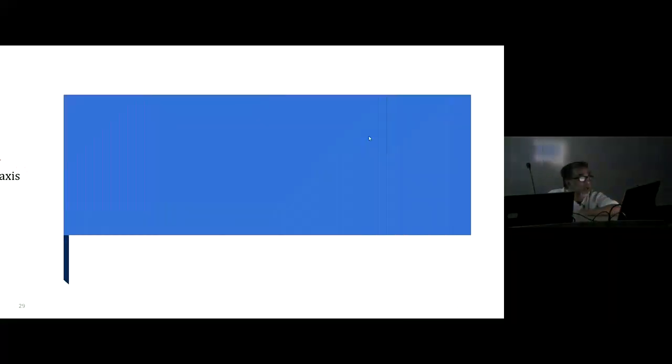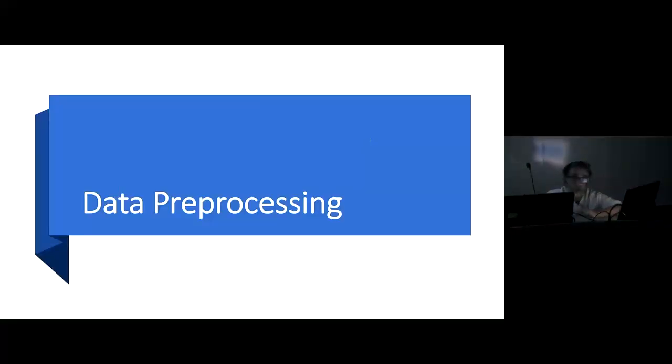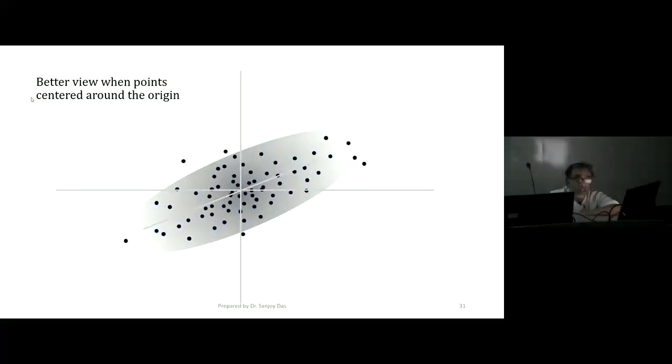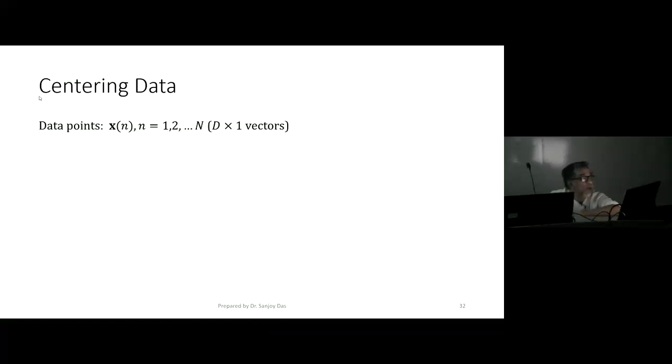Now, here's what we do. First, data pre-processing. It's usually better from a data science perspective if the points are centered so that their mean coincides with the origin. So how do we center the data?